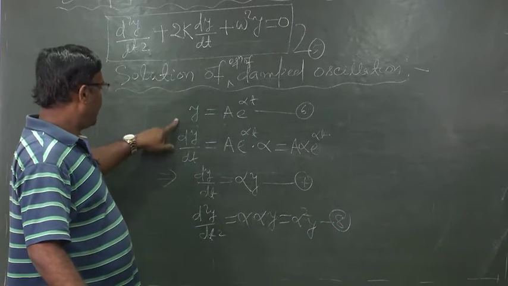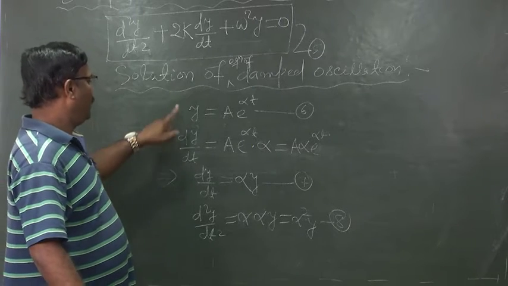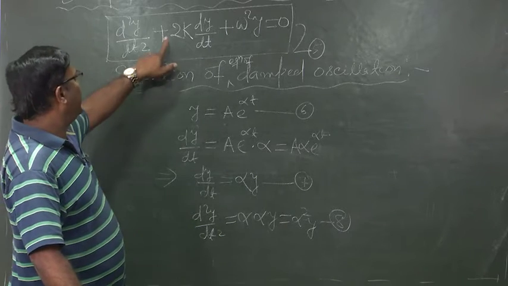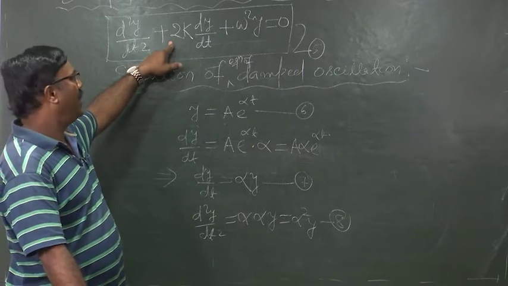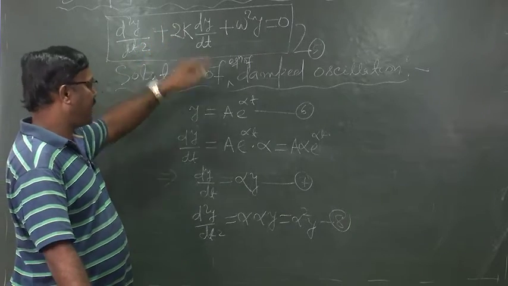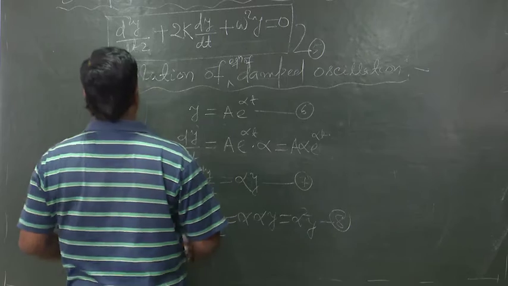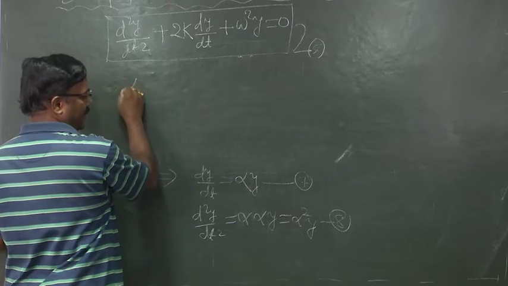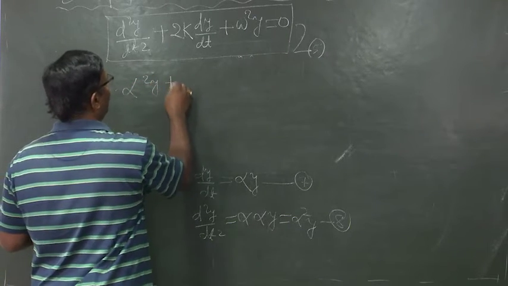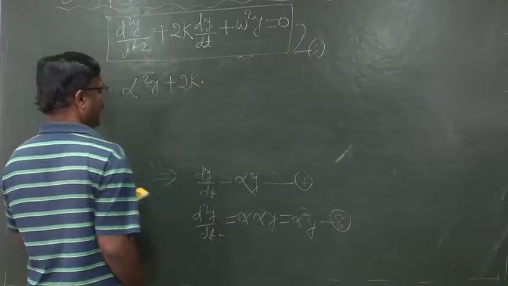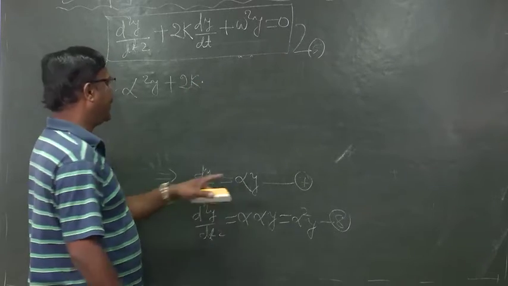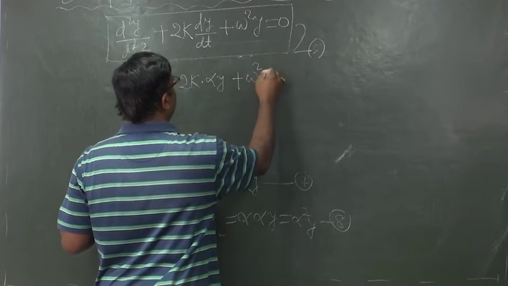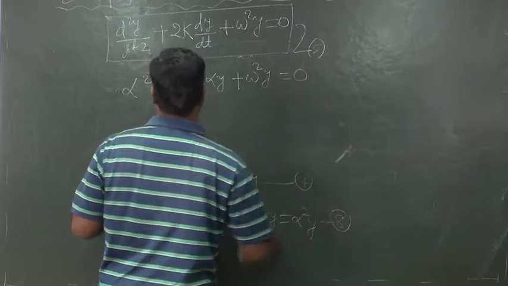Now, putting all these values of y, dy by dt and d square y by dt square in our differential equation of damped oscillation, we can write the equation as, in place of d square y by dt square, we can write alpha square y plus 2k, in place of dy by dt, we can write alpha y, plus omega square y equal to 0.